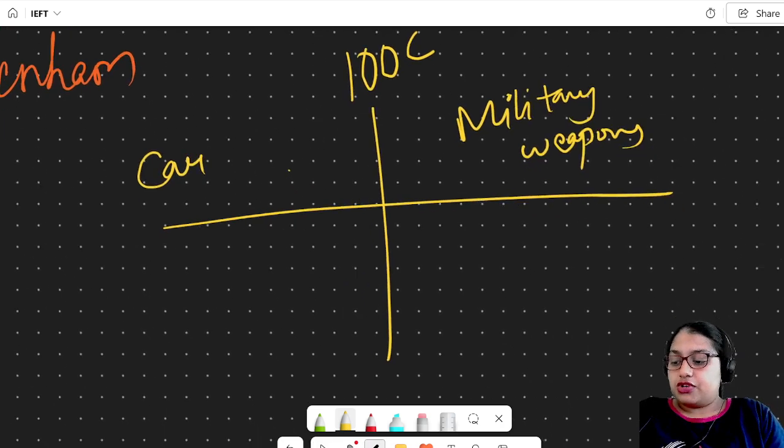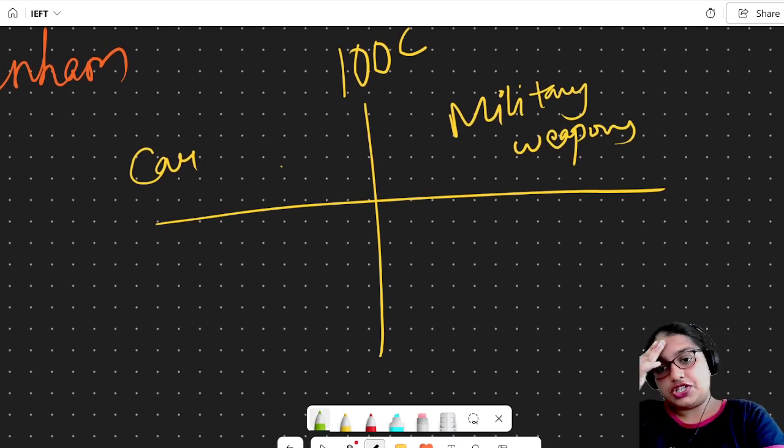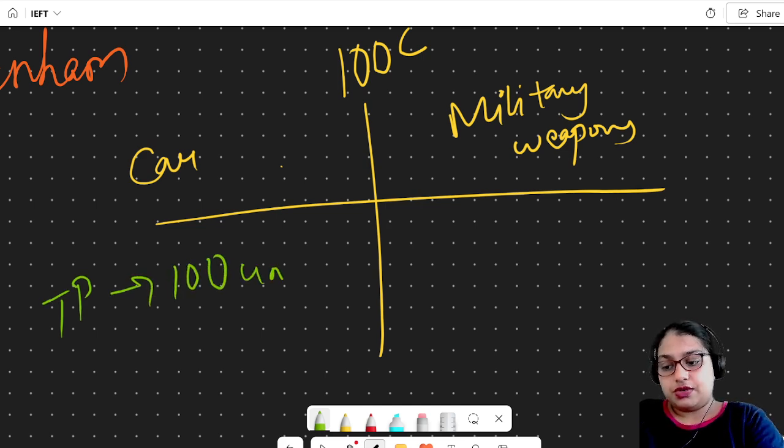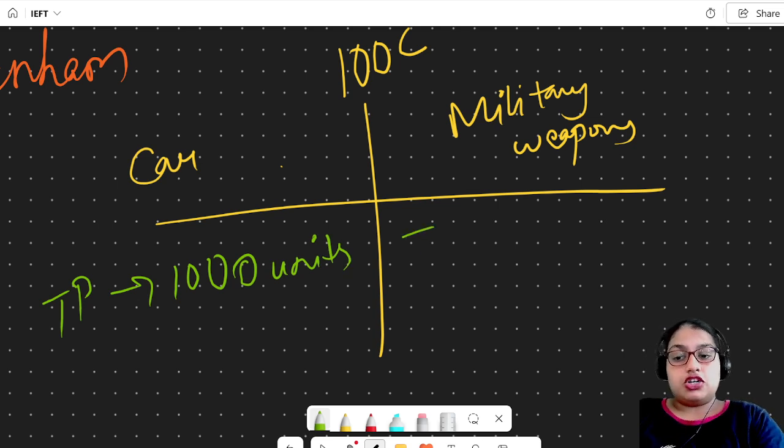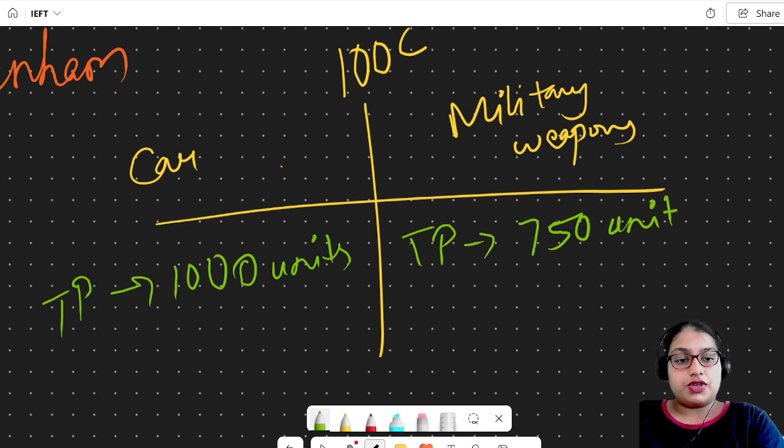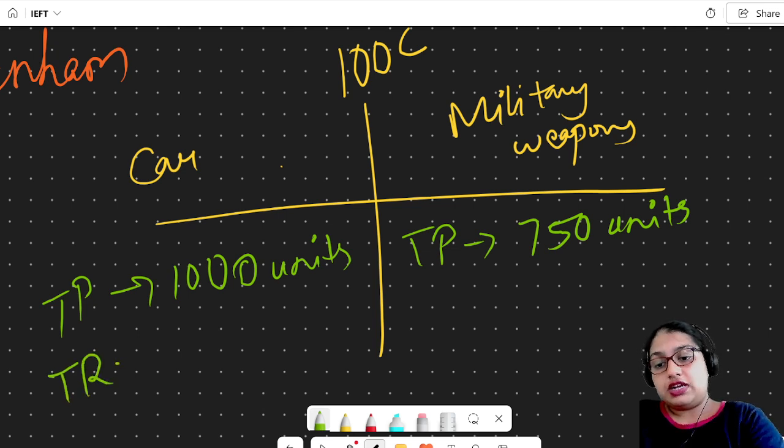See, now if I want to produce cars, the total production will be 1000 units. I'm sorry, we'll go for 1000 units. Now, if I'm producing military weapons, the total production will be 750 units. We're going for bigger numbers this time. Okay. 750 units. Now, my total revenue for the car is 125 crore.